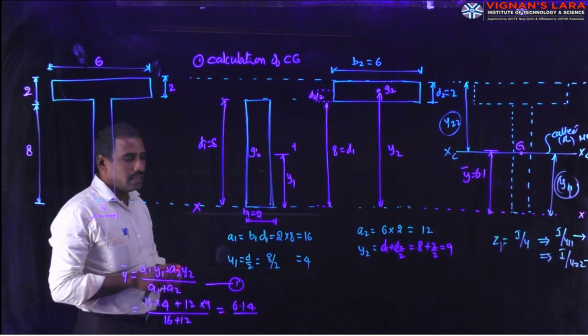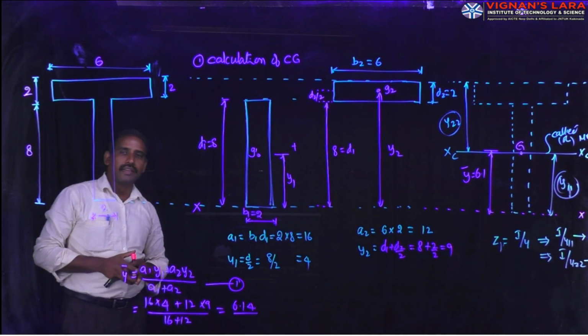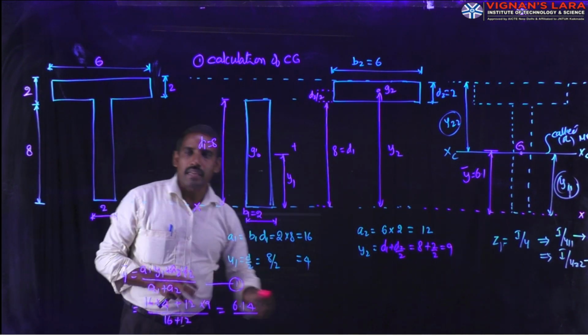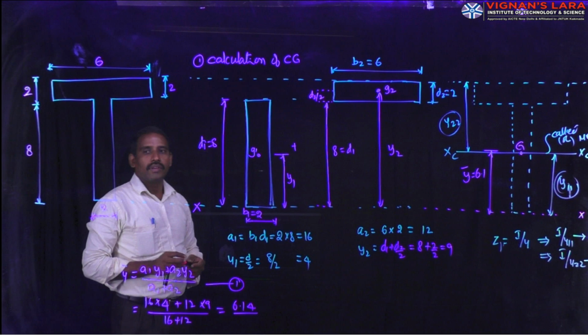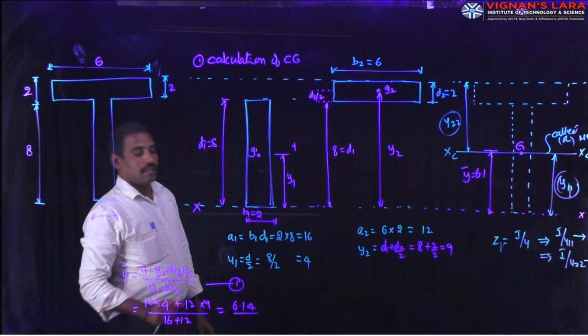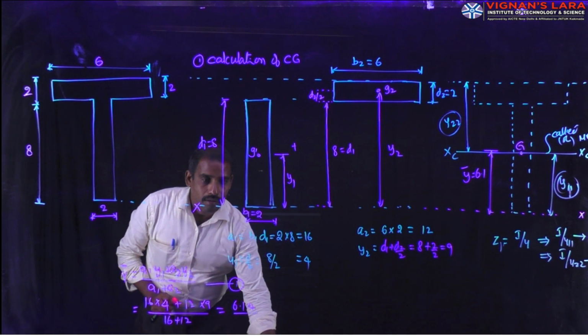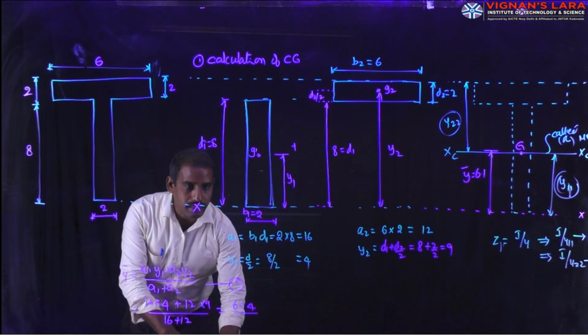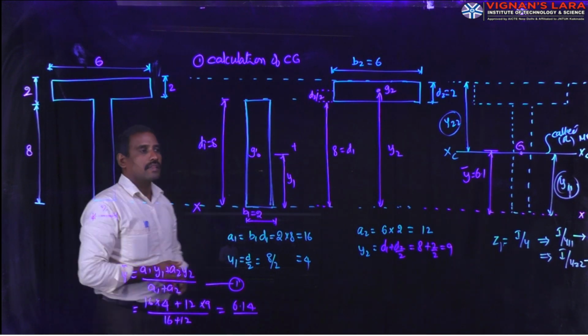That's why initially we have to calculate the centroid of the given section. Then we are going to calculate the bending moment as well as the moment of inertia about the axis.